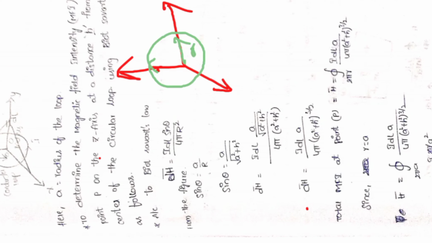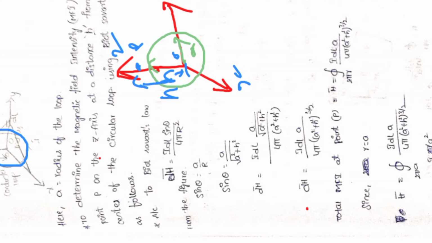We assume a point P on the z axis, at a distance h from the origin. Assume that h is the height of the point. Assume that it is origin O and the radius is A. A point P is located here.